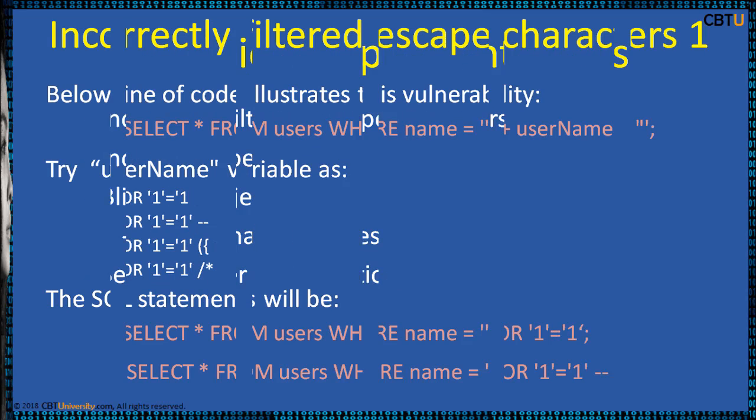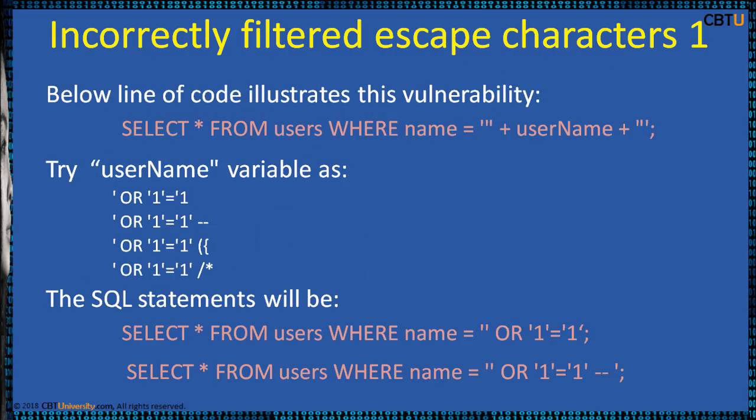This form of SQL injection occurs when the user input is not filtered for escape characters and is then passed into a SQL statement. The result is potential manipulation of the statements performed on the database by the end user of the application.